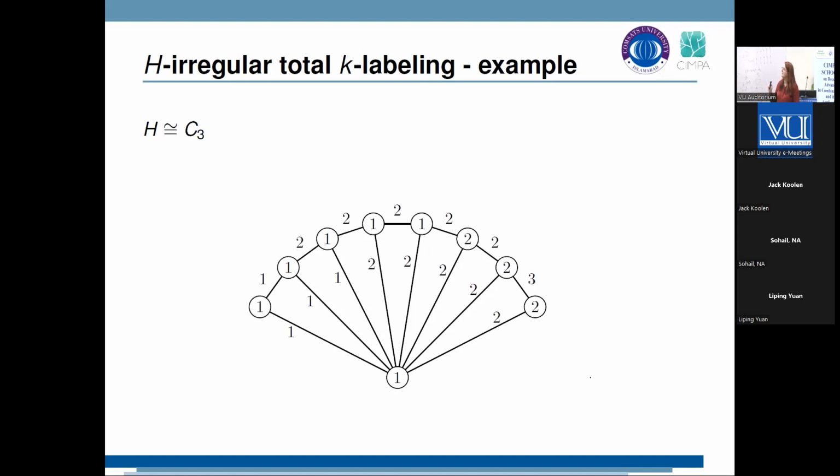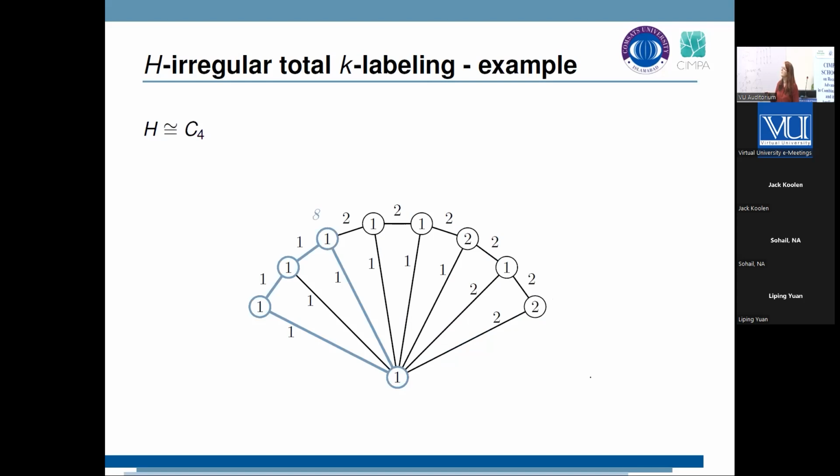Yeah, can you see? I will show you. Consider we have this type of labeling. And now we will check what are the weights of the cycles C3. So the first one is 6, then 7, 8, 9, 10, 11. Or we can ask what happens in the case when we have cycle C4. So again, we have a labeling, and now we check the weights of cycles C4. The first one is this one.